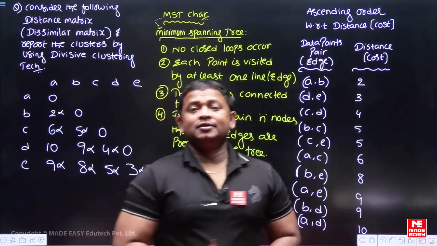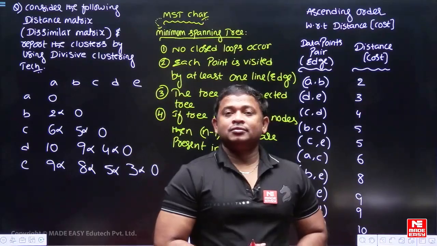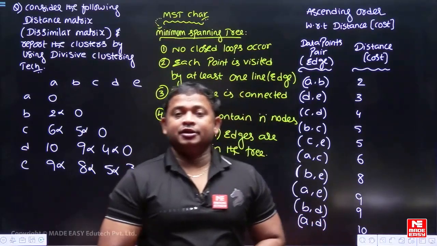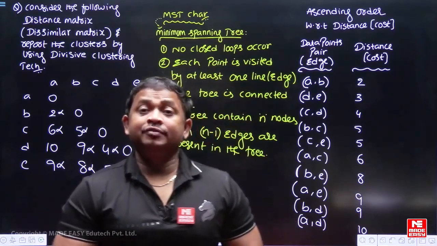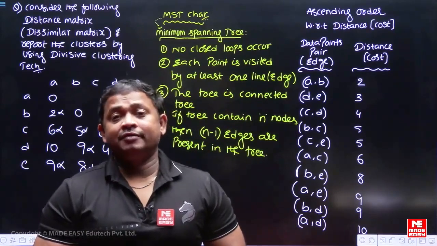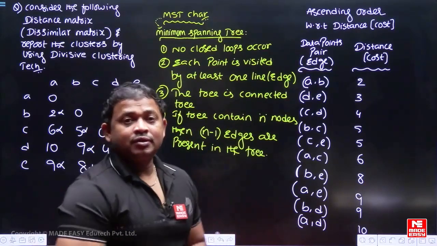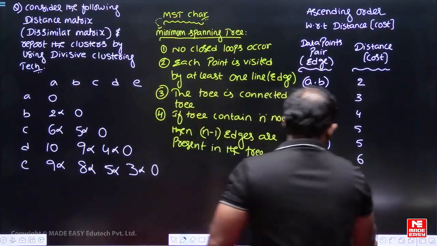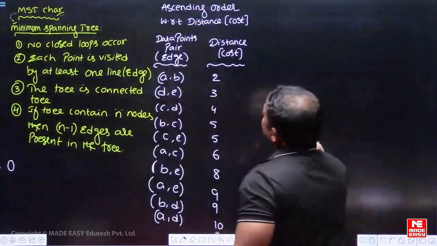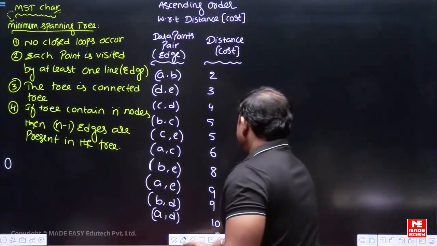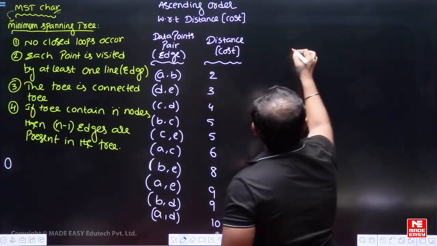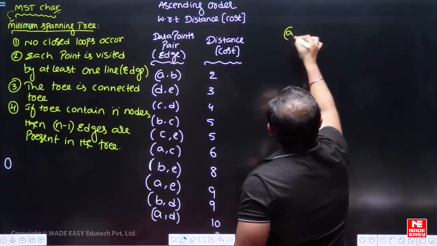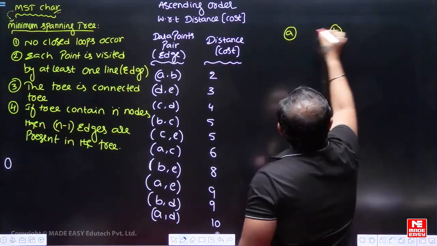Now construct the minimum spanning tree, by joining the data points with edges which have the low cost. Now look at this. A and B, I join the A point and B point.